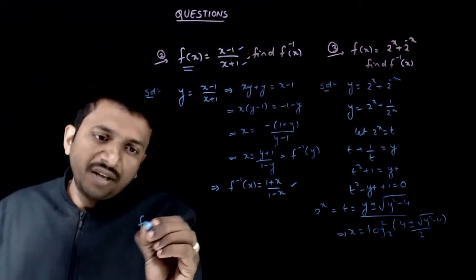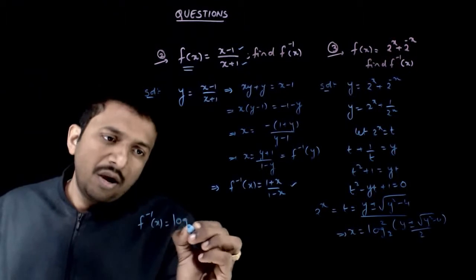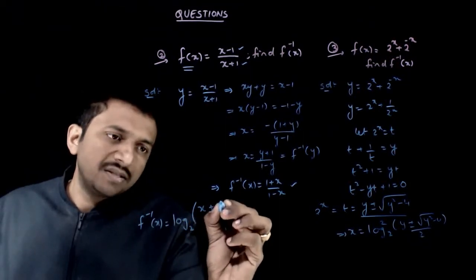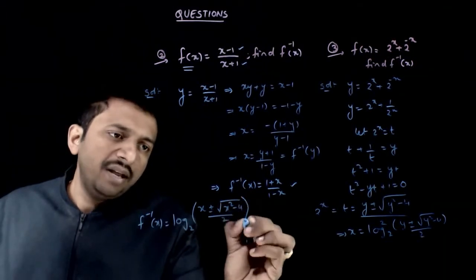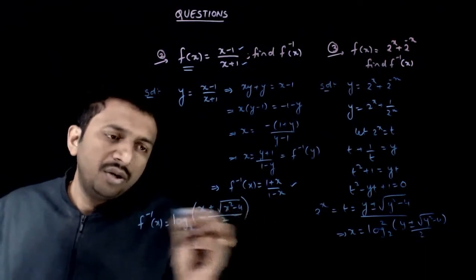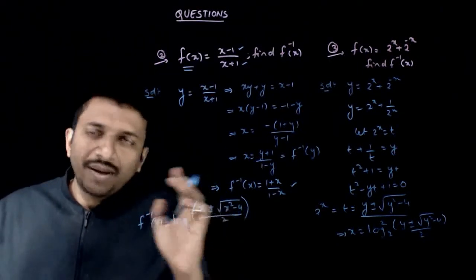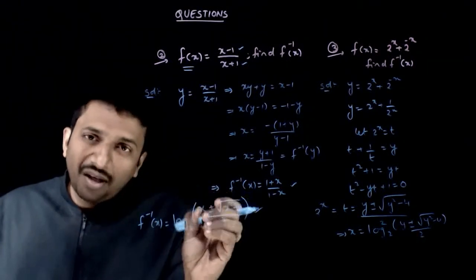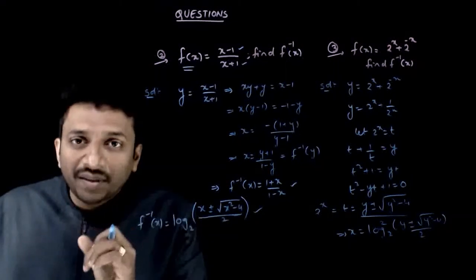So what is f inverse of x? It is nothing but log to the base 2 of x plus or minus root of x square minus 4 by 2. This is not a very right thing to do, but in 11th class this is where we stop.